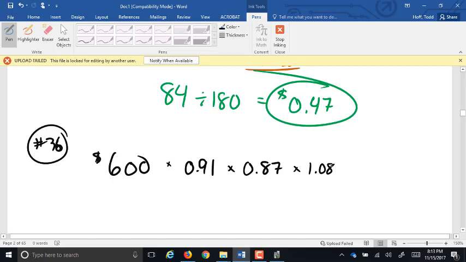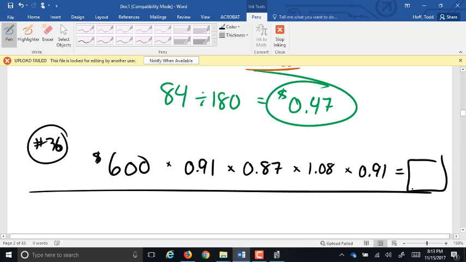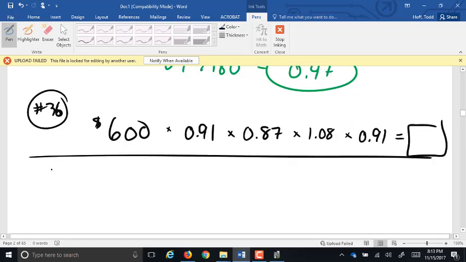So it's 100 plus 8 is 108, so 1.08. And the 9% markdown, 100 minus 9 is 91, so 0.91. And that's just a matter of multiplying that out. And I won't tell you any more of that on that one.